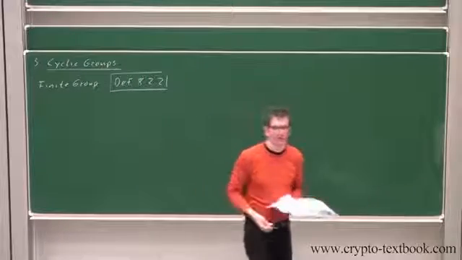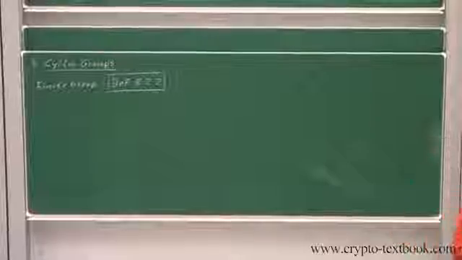Which is eine endliche Gruppe, and this is exactly, I'm not writing that down. This is exactly the definition you would expect. If I ask you, when is a group finite? Well, probably if we have a finite number of elements, right? For instance, the real numbers are not finite because they're infinitely many.